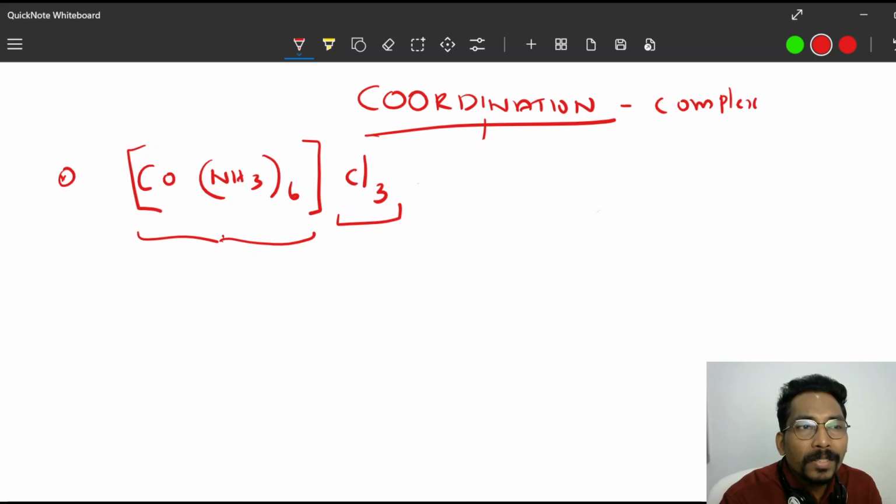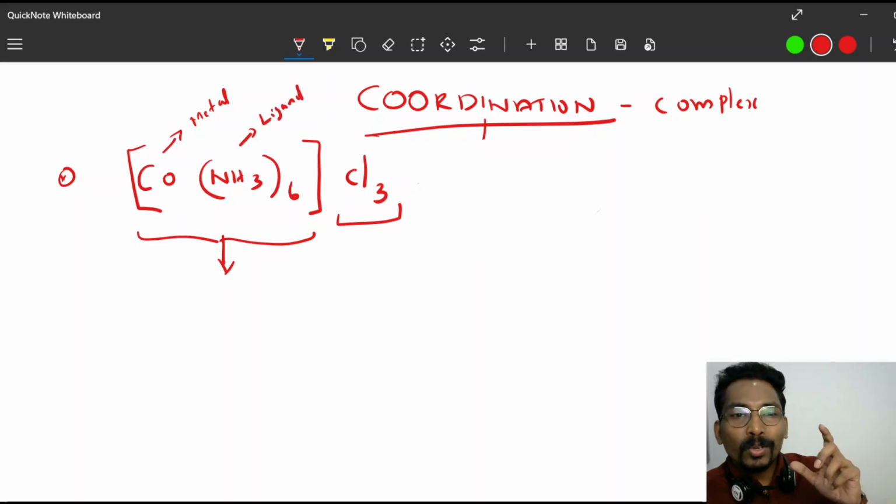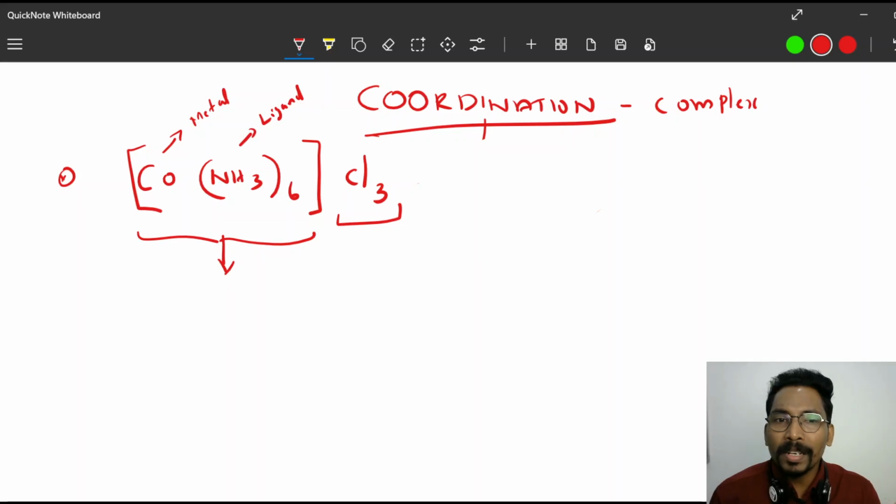Inside the coordination sphere, again you have 2 parts. In this one, cobalt is the central metal, and ammonia is the ligand. So inside the coordination sphere, you have the central metal atom and ligands. The ligands may be of only one type, or different types may be present.